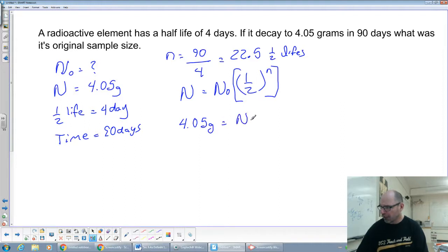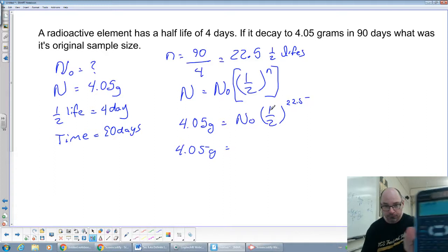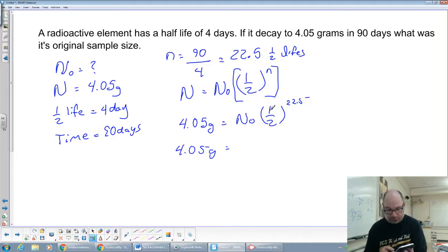This is blank, and we have to calculate 1/2 to the power of 22.5. So go ahead and do that exponent first. 0.5 to the power of 22.5 equals.